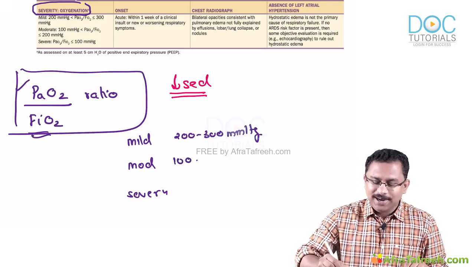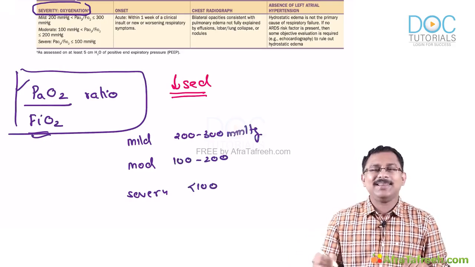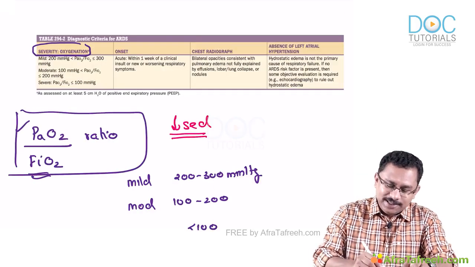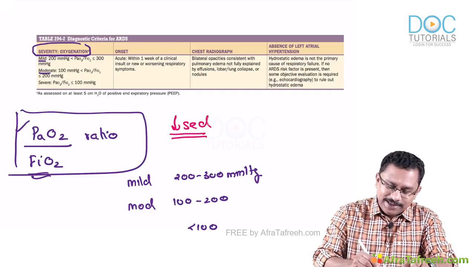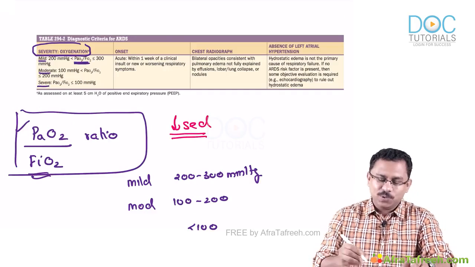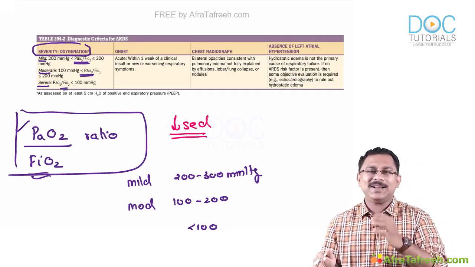If it is 100 to 200, it is moderate, and less than 100, it is going to be severe. As you can see here, there is mild, moderate and severe. So you can see that the PaO2 by FiO2 ratio is being used to classify it.